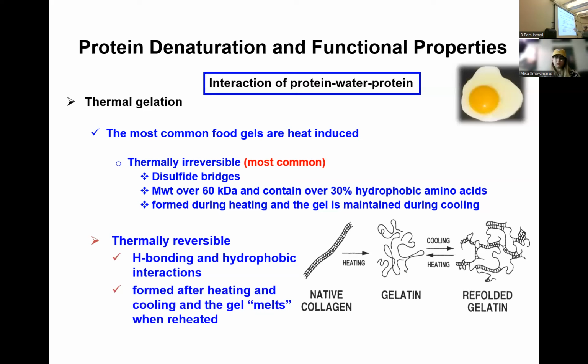When you cool, hydrogen bonds form again, but they don't go back where they were. So your denatured collagen is gelatin. When you cool, you form that gel. If you heat again, you break those hydrogen bonds and it goes back to soluble. This can become irreversible if strong disulfide linkages occur, then the gel will not go back to being solubilized.